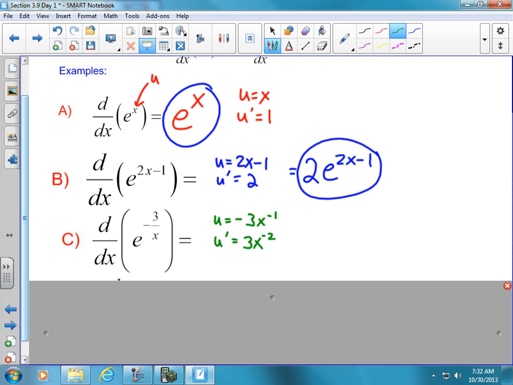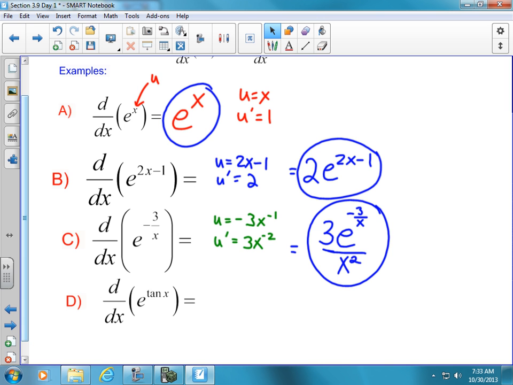So our derivative, remember you always just write down the e function like you see it, and then you multiply times the derivative of whatever the u was. So this is also the same as x squared in the bottom and 3 in the top. So our derivative for part C looks like this.